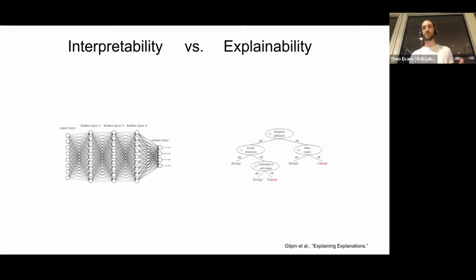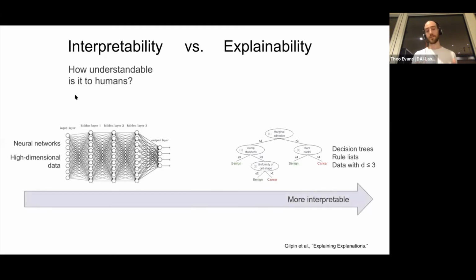space of models that we can use to describe some data, or the space of models that we can learn, for instance, neural networks and decision trees displayed here. Now, we can think of interpretability as some intrinsic property of the type of model we are presenting, in the sense that it is inherently very hard for a human being to intuitively interpret what the weights of a neural network mean.